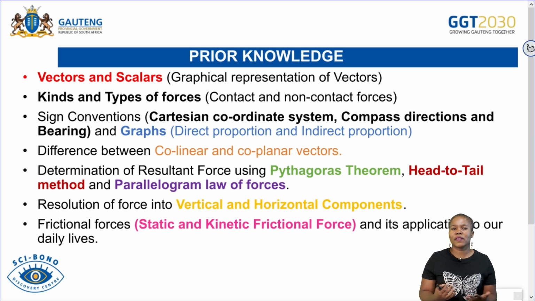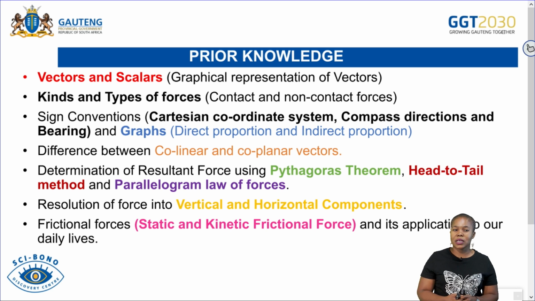Okay, same line of action or same plane. And then by now, we should be able to determine the resultant force using Pythagoras theorem, your head-to-tail method, your parallelogram law of forces. So utilizing all these three methods, you are able to determine your resultant force. Okay?